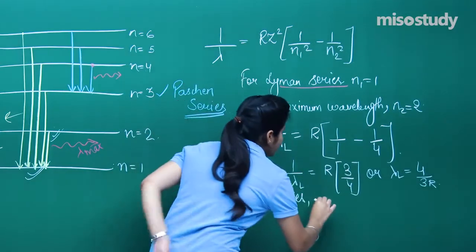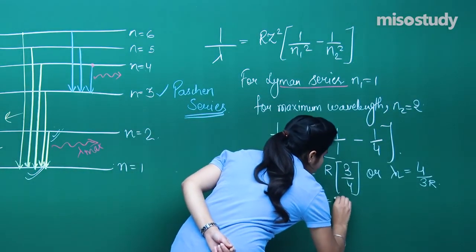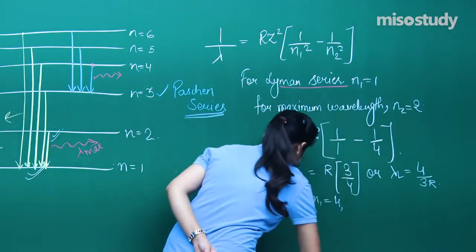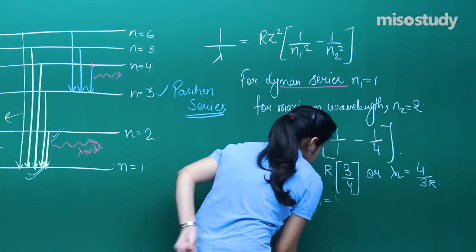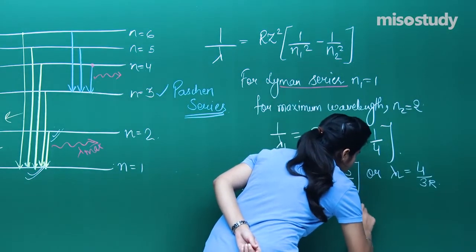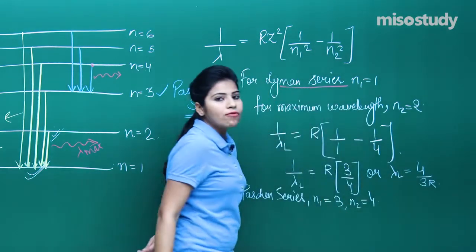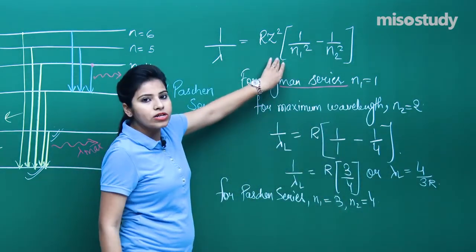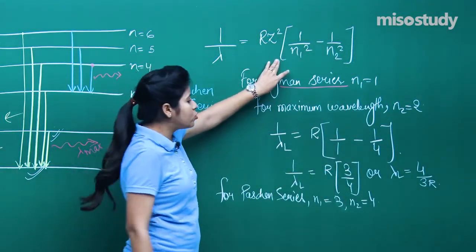So that means n1 equals 3 and n2 equals 4. So we have to put these values into this equation and then we will be having the solution.